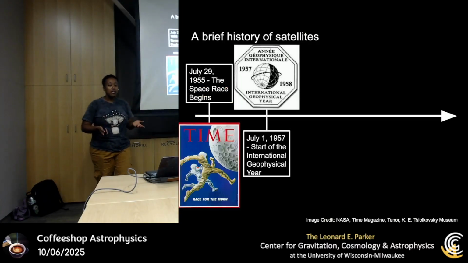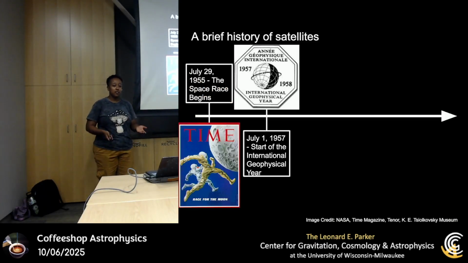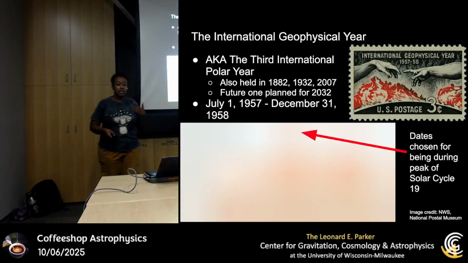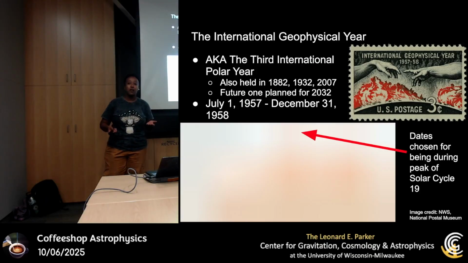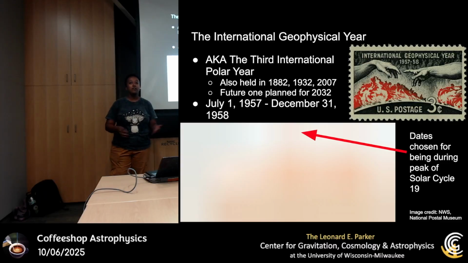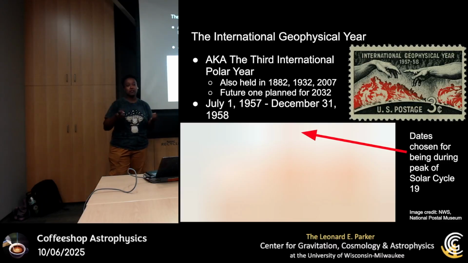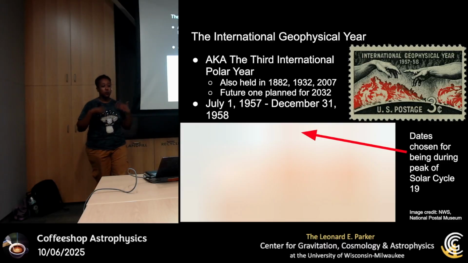So the next step in the space race is the start of the International Geophysical Year. This was a period in 1957, which was also known as the Third International Polar Year. Now, the polar years are these events that happen pretty infrequently, where there's a lot of international collaboration to do as much study as possible on Earth's polar regions.